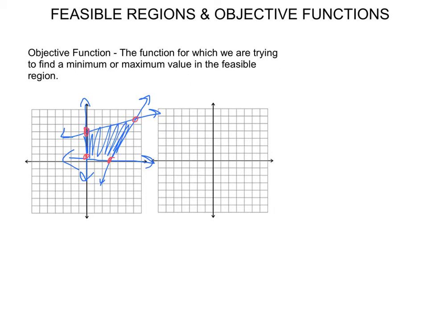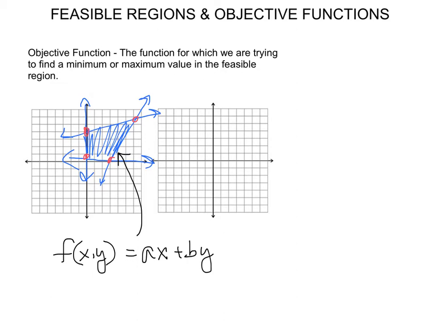The question that we're going to have is about this particular function, this f of x and y. It's going to be some linear function of x and y. When we look at it in relation to this particular feasible region, where is it greatest or smallest? Again, some problems are going to be maximum problems, some problems are going to be minimum problems.